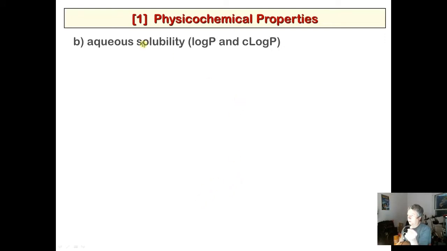All right, so aqueous solubility, log P and C log P. What are these concepts? You may or may not have heard of these in your other classes. It really refers to the ability of a drug or any organic molecule to dissolve in water.